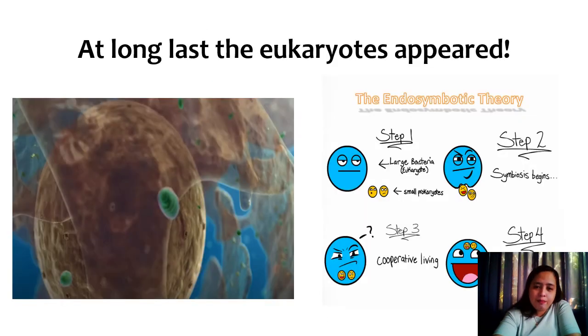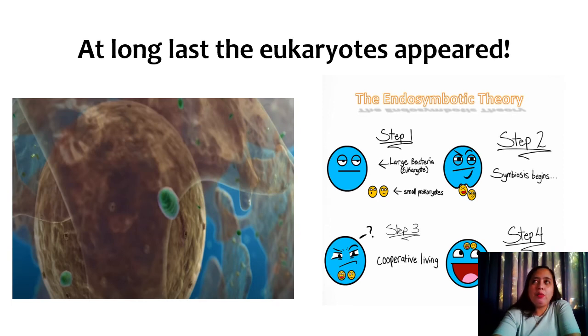So ito na, at long last, magkakaroon na ngayon ng mga eukaryotes because of this endosymbiotic theory. So this eukaryotes now tayo. Of course, may mga prokaryotes pa po tayo right now. No? We still have the bacteria, and we still have your archaeobacteria. May mga, yung ating domains pa, no, ng mga prokaryotes.